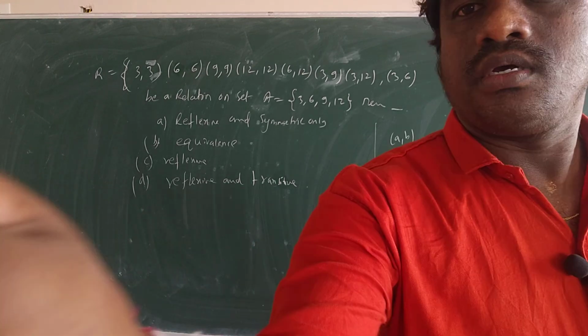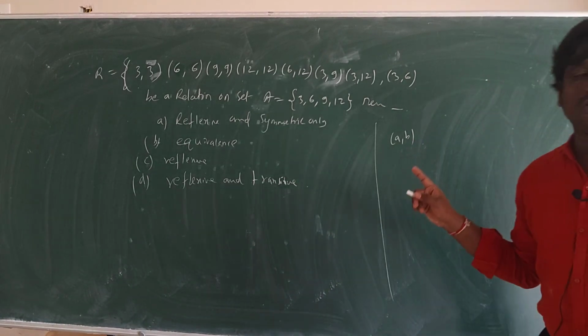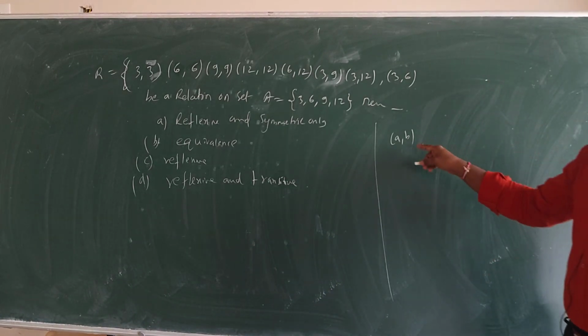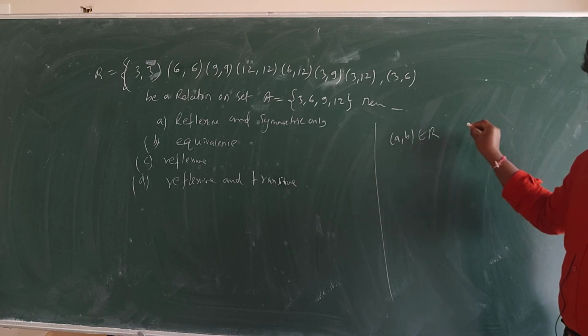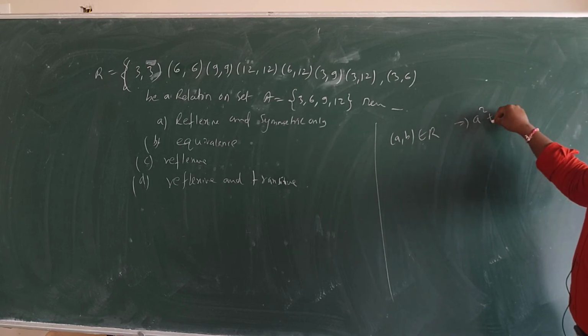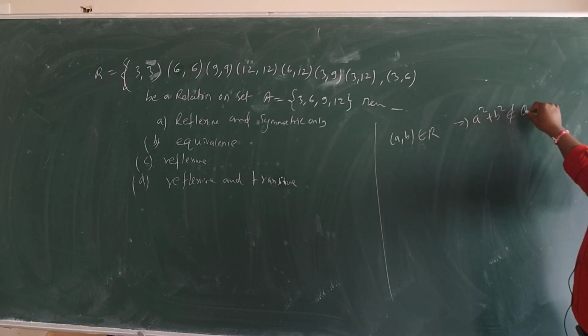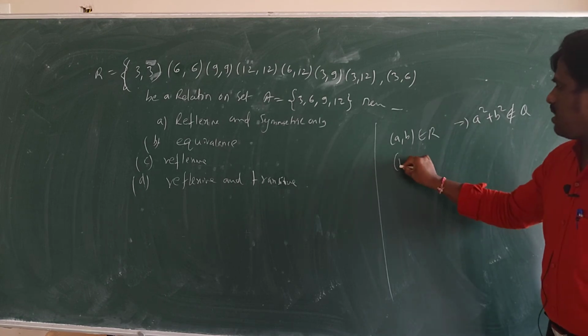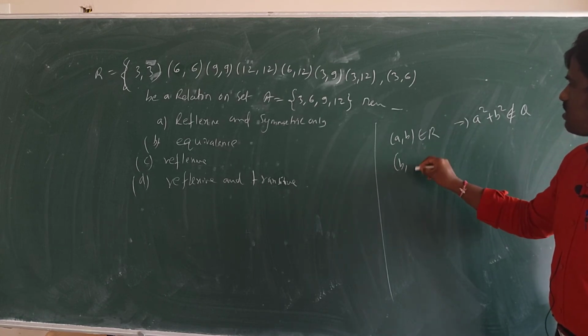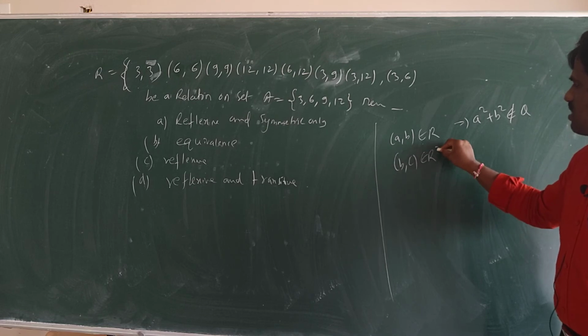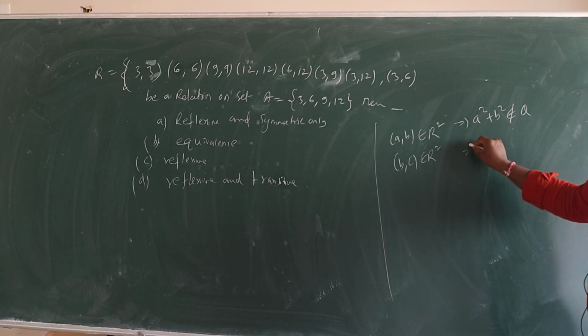See the previous sum, part 2, method 2 of R2. A, B belongs to R, then what was there? A square plus B square not belongs to Q. B, C belongs to R, then what do you have here?